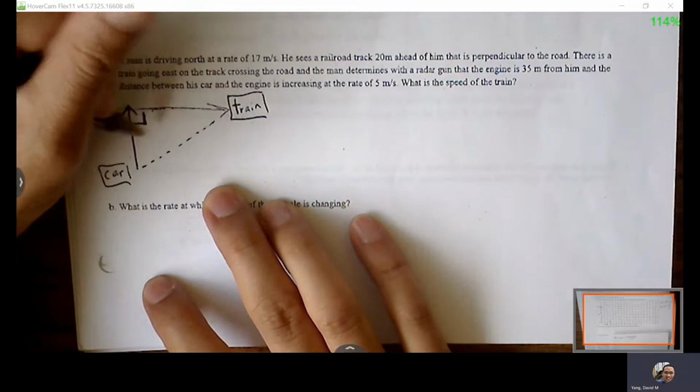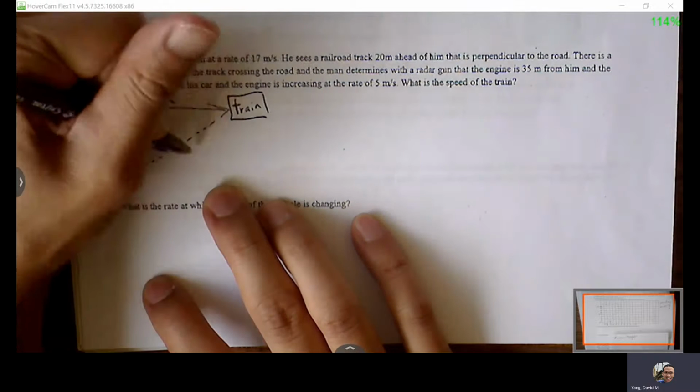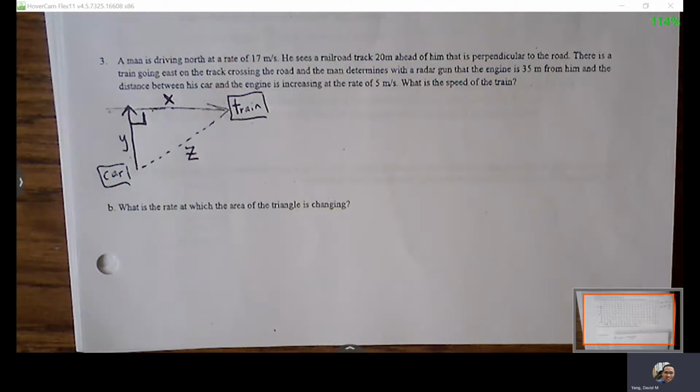You can label any variable you want. I just like my horizontal being x, my vertical being y. That's just my preference. Okay, Pythagorean theorem problem.